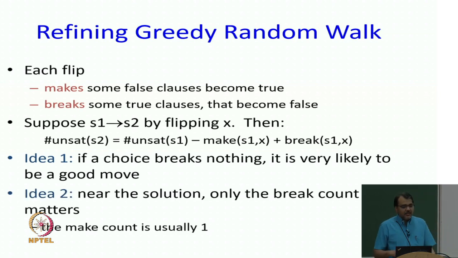The observation is that when you are close to the local optimum, when you have set some variables in a specific way so that your number of unsatisfied clauses is small but they are tightly constrained, then every flip makes only one clause. Typically, if there was a flip that made many clauses, you would have done that flip a long time back, usually. So typically the make count is 1, and so the only thing that matters is the break count, how many it breaks.